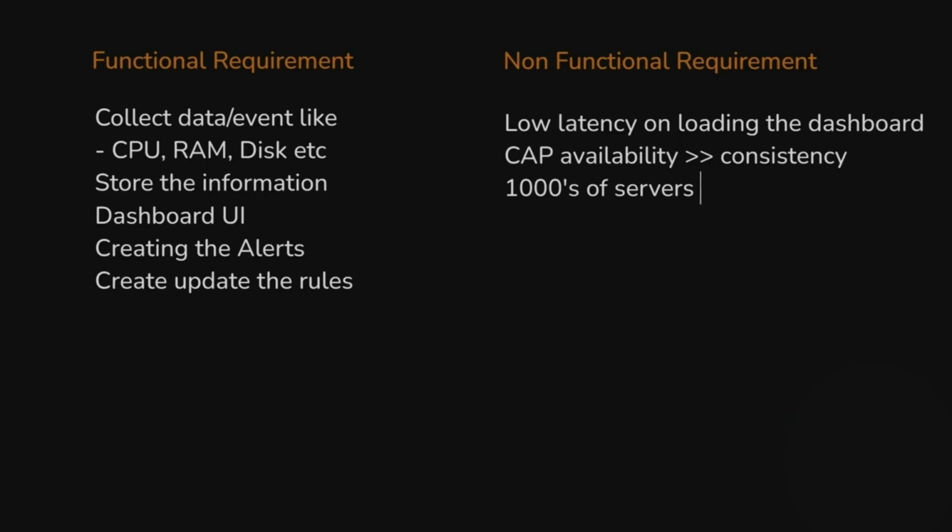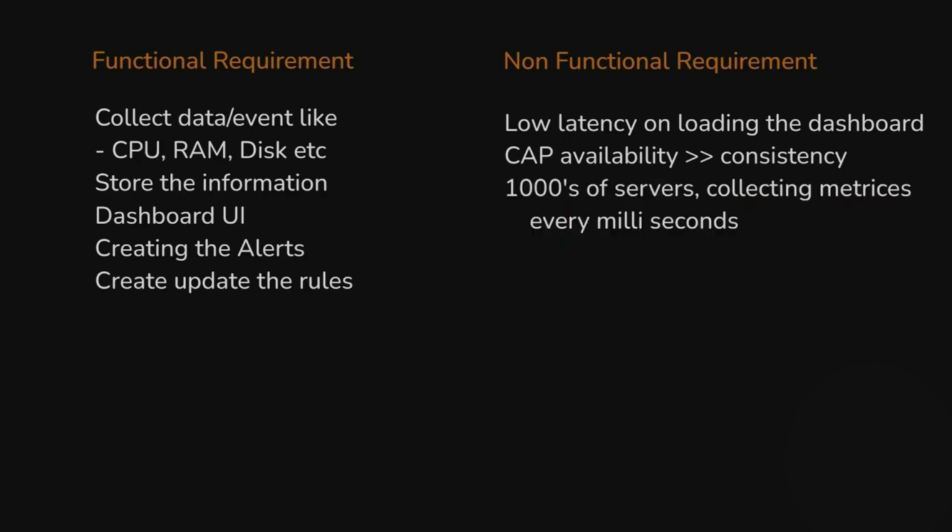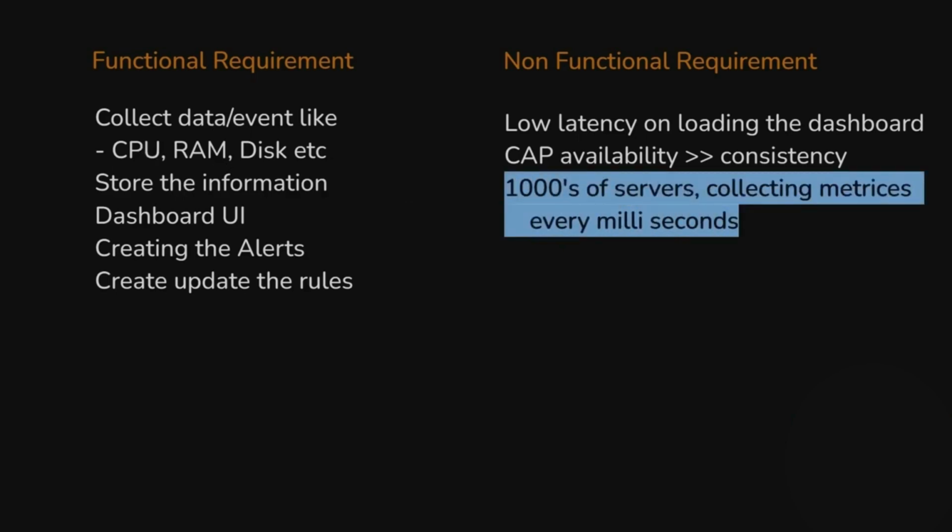Let's say for these thousands of servers we collect metrics every millisecond. Now you can see this would be a very high number if we are collecting these three metrics, like CPU, RAM and disk, every millisecond on these thousands of servers. Maybe you can get into the calculations, but that's not what we want to focus on in the beginning.